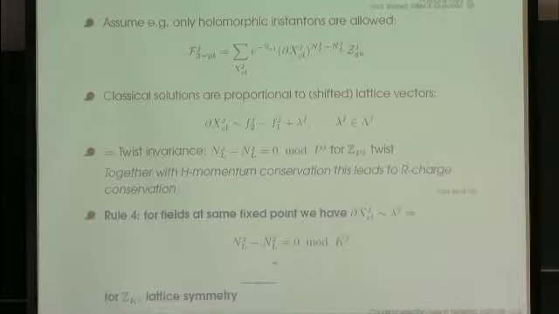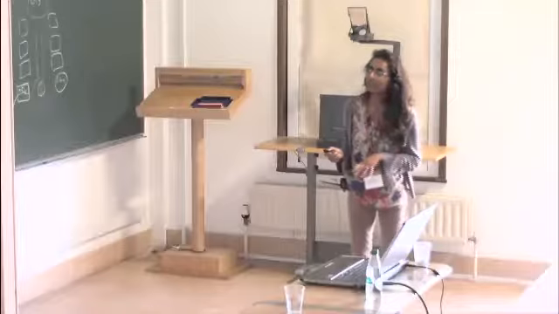As I alluded to before, the classical solutions turn out to be proportional to shifted lattice vectors. F2 and F1 are two of the fixed points involved in the coupling, and Lambda_J are the lattice vectors. The set of classical solutions turns out to enjoy a Z_Pj symmetry, where Pj is the order of the twist in the jth plane.